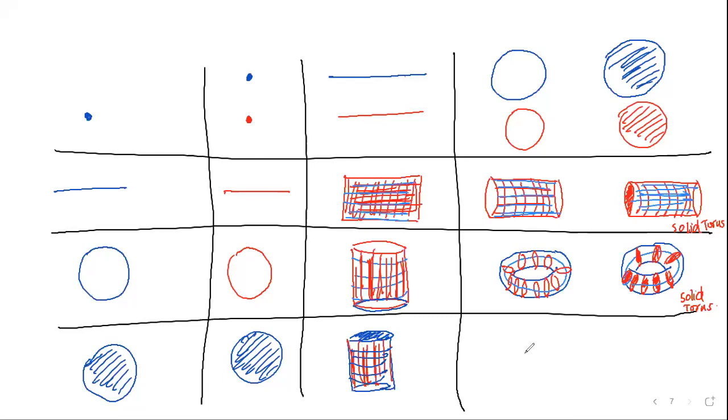Next again we have the torus, the filled torus. This time I will make it upside down, but this is a filled one. So it is a filled torus, you can say.